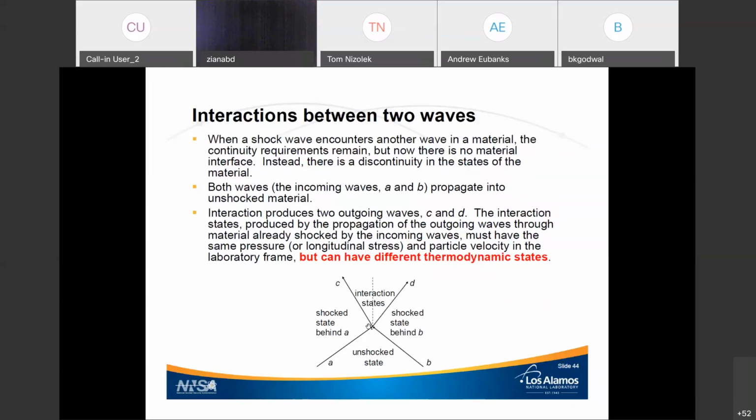You can imagine, given that this is a vertical line, this is a Lagrangian X-T diagram. P and U are the same, but V and E don't have to be the same.